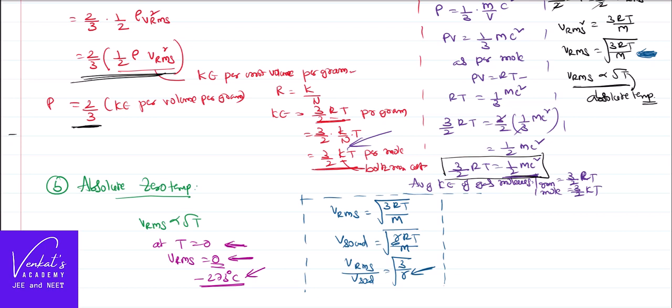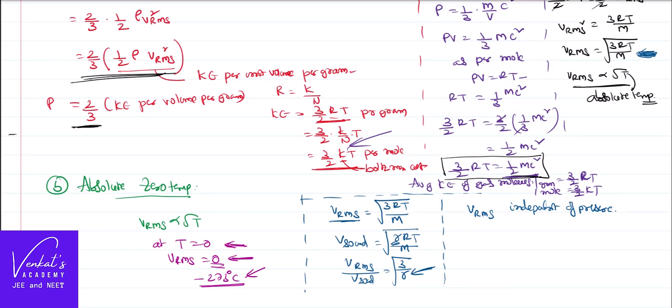The first thing that I want you to understand is that this RMS velocity, though initially you got it in terms of pressure, like 1 by 3 pressure VRMS square, is independent of pressure. Rather, it depends on temperature. Why do I say that?